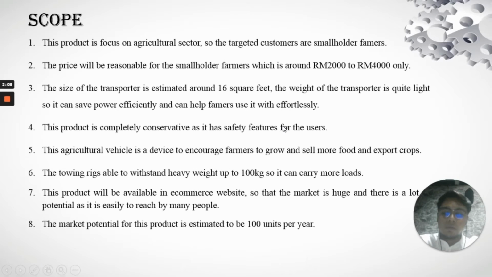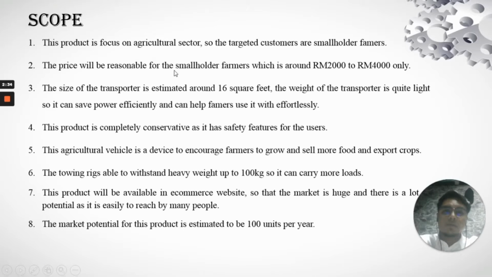Okay, lastly for chapter 1 is the scope of our project. There are 8 points, so I will mention the highlighted ones. First, this product is focused on the agriculture sector, so the customers are smallholder farmers, and our scope is vegetable farms or any suitable farms.